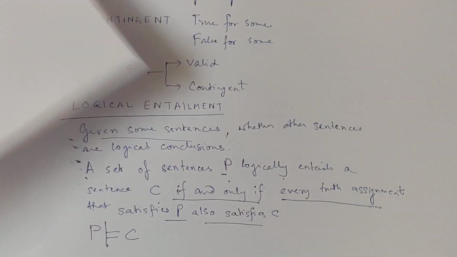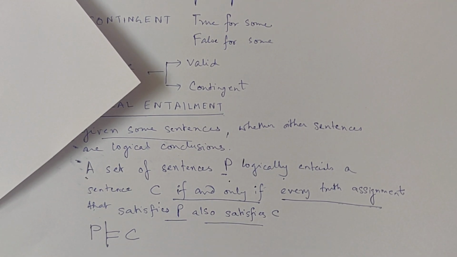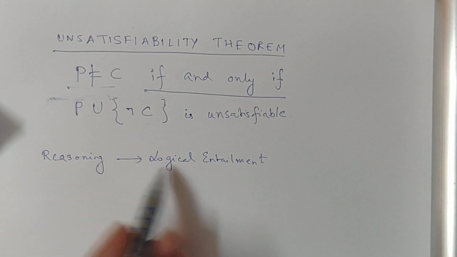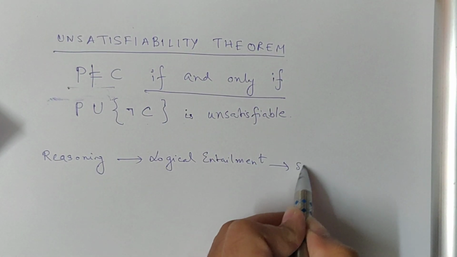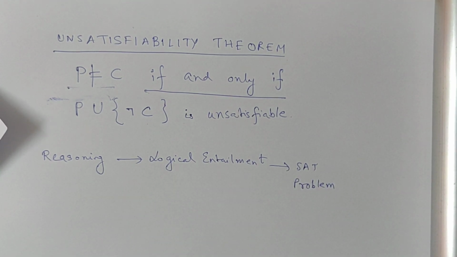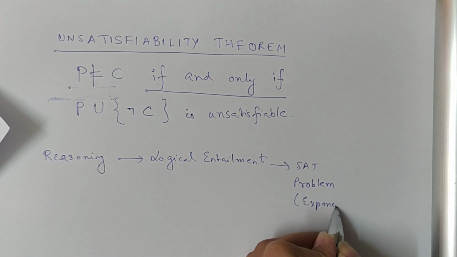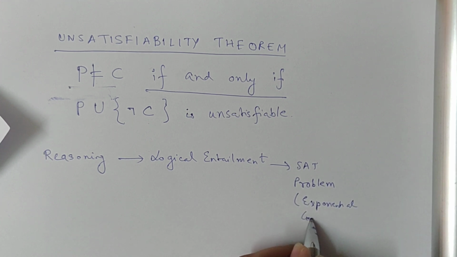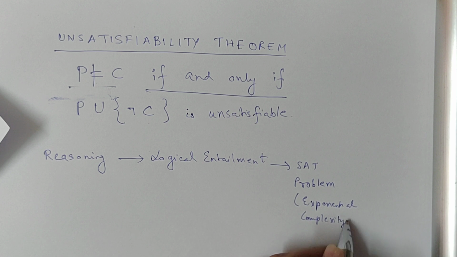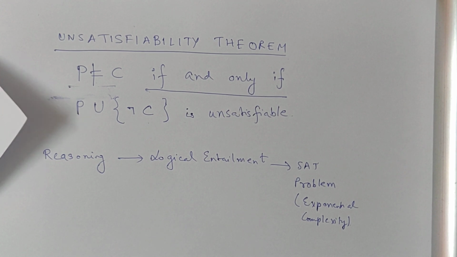For finding logical entailment, we have to find all truth assignments that satisfy P. So from here we have got up to the SAT problem. But it has got an exponential complexity, as we have seen. So ultimately my reasoning is getting stuck at the exponential complexity.